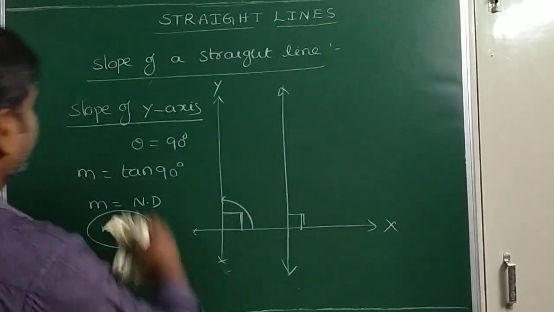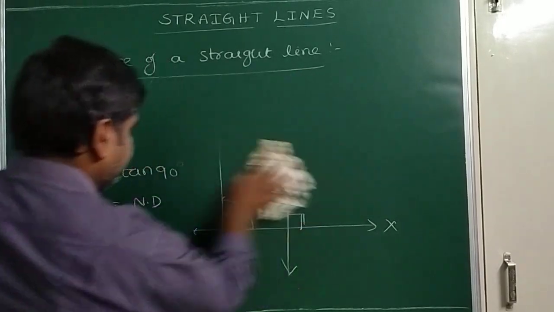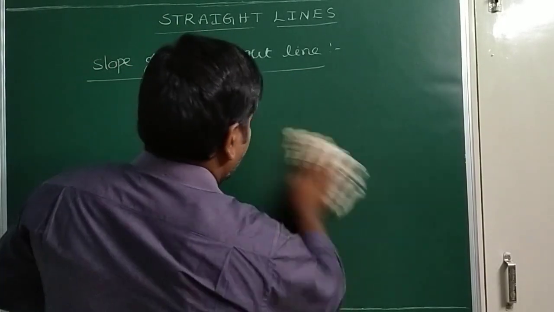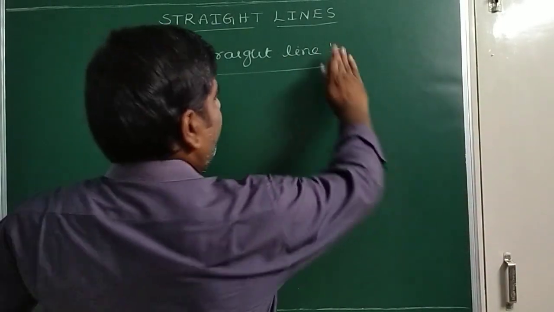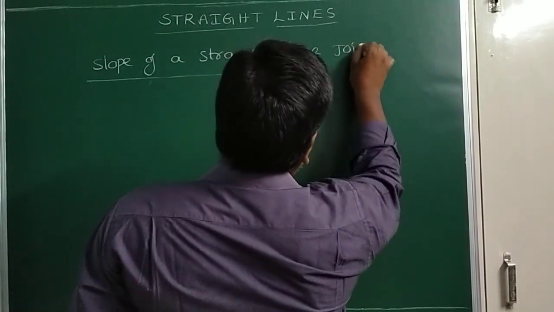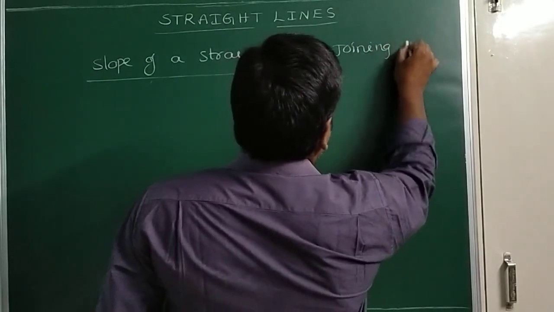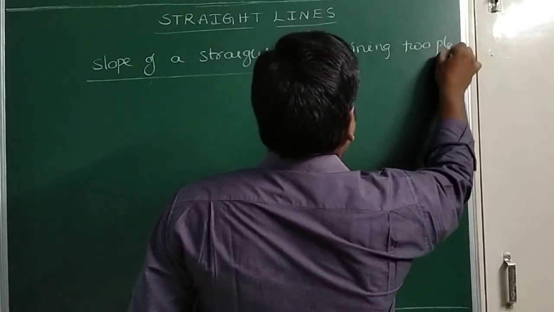After that, slope of a straight line joining 2 points.